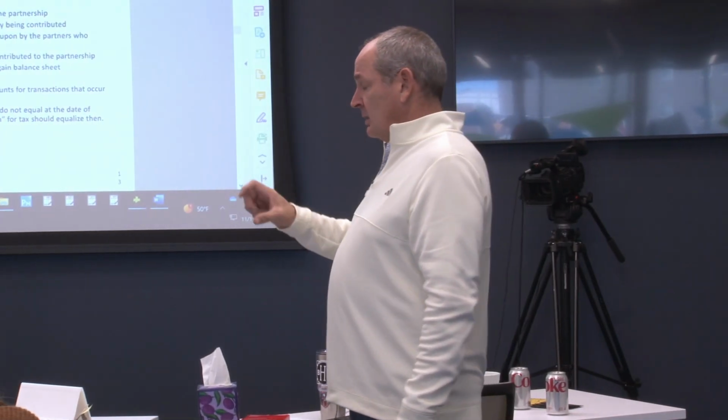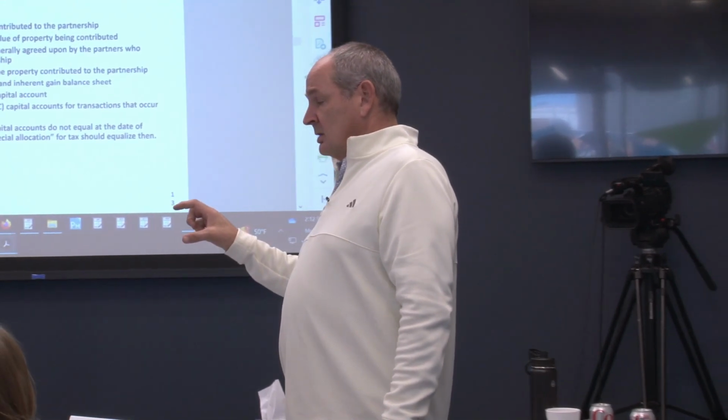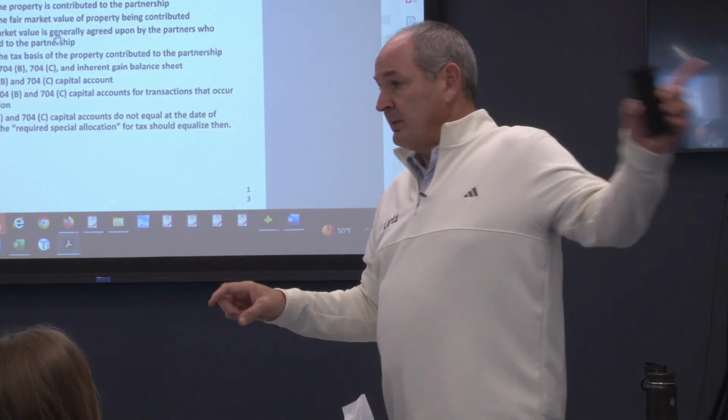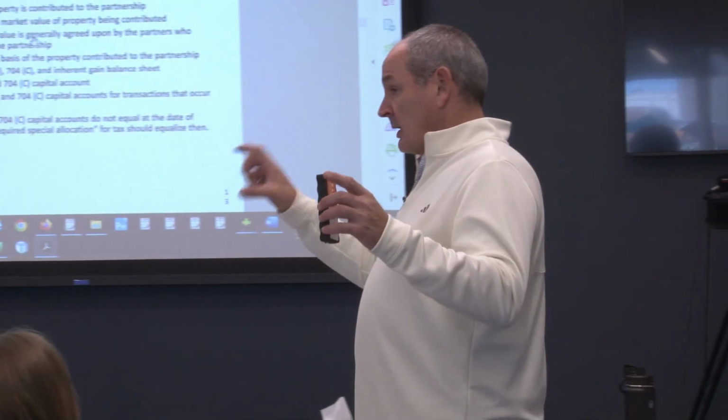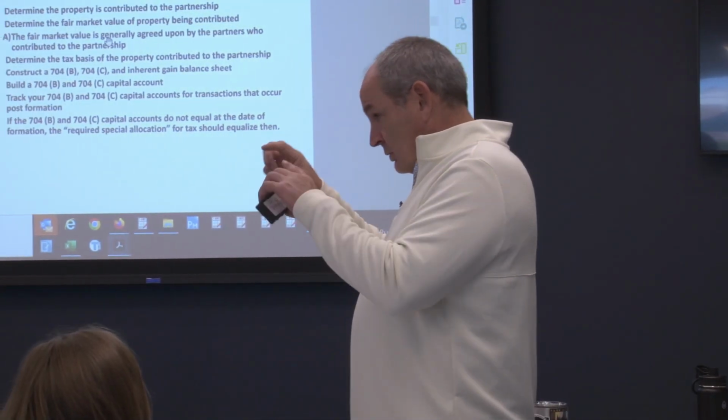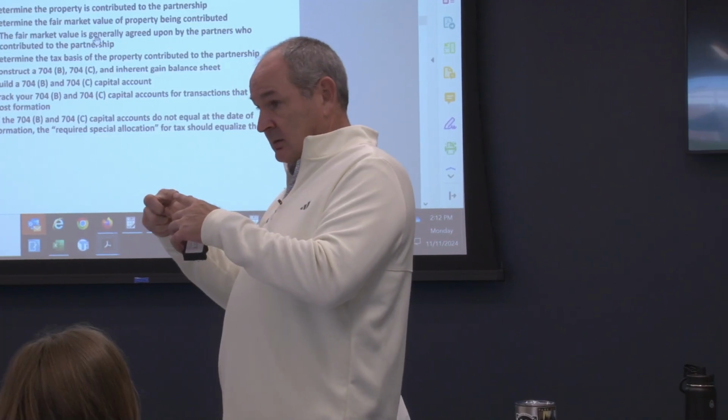The equity section of the 704B and 704C balance sheet is going to equal the 704B and C capital accounts. Your capital accounts and your equity on the balance sheet are tied completely together.